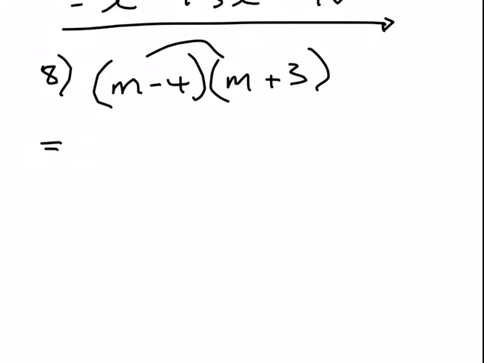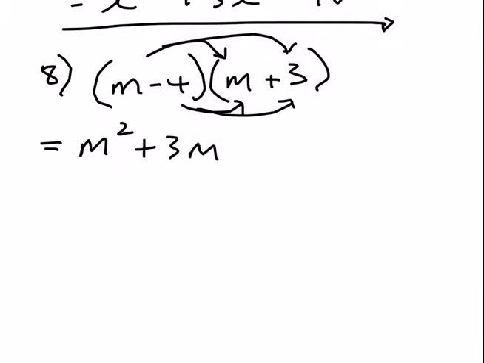Here you again have that multiplying that, and that multiplying that. That's how you work it out. So you're going to have m squared, then plus 3m, and then you will have negative 4m minus 12, because it is negative 4 times that 3.